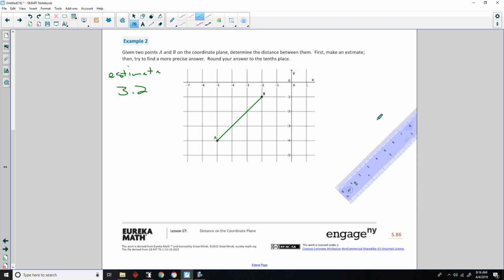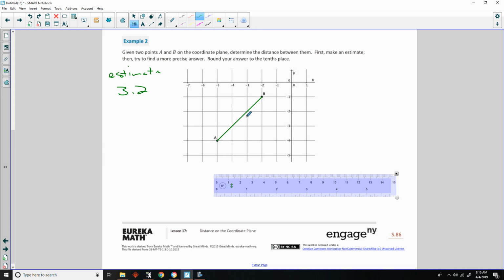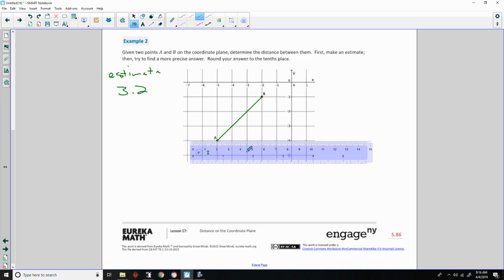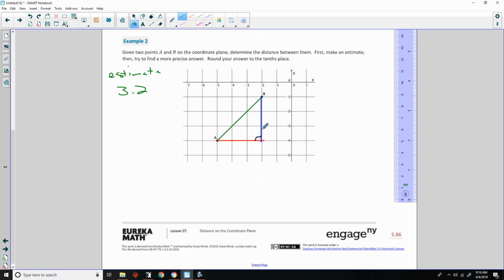Okay, there's my estimate. But now we are going to do what we just previously had done, and create a right triangle by finding the distance horizontally and the distance vertically, and form a right triangle.